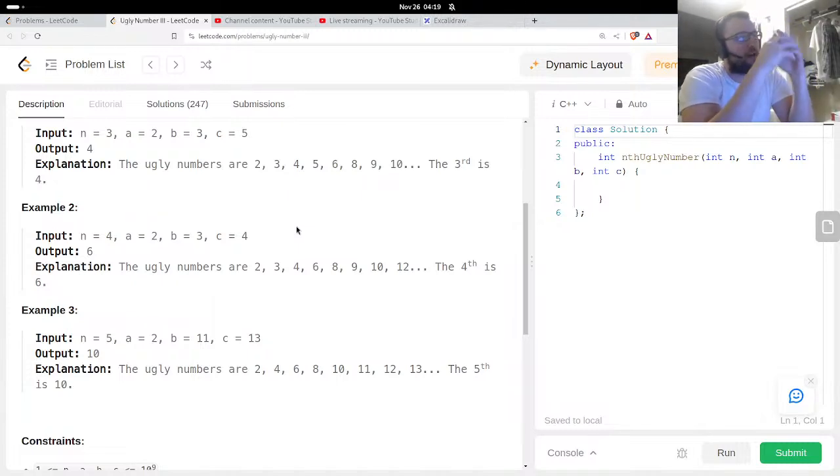We have A alone, B alone, C alone, A and B, B and C, A and C, and A, B, and C together. And then obviously there's the empty set as well, which corresponds to the power set of those sets A, B, and C. Combinations, right? 3 choose 1, 3 choose 2, 3 choose 3, and then 3 choose 0 would be the empty set.